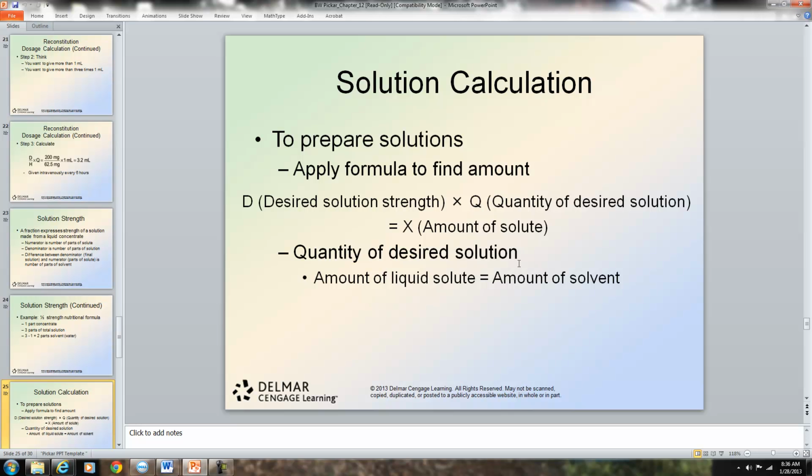The quantity of the entire solution minus the solute is the solvent.